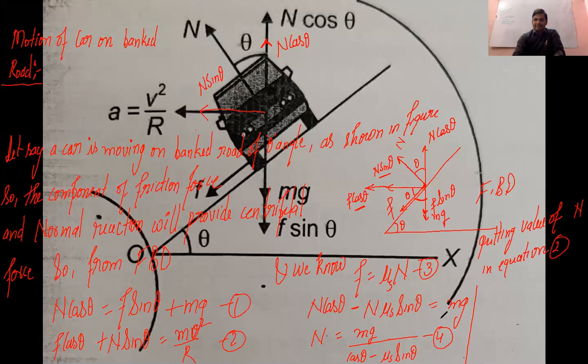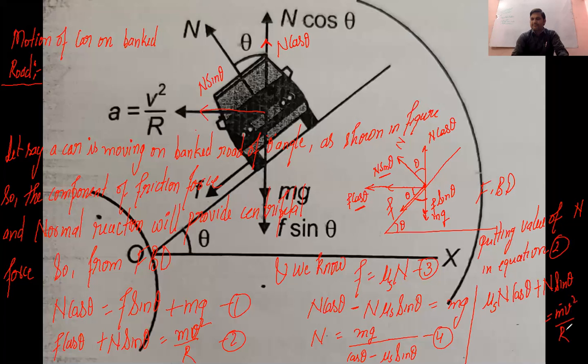You can see here, F is equal to mu s into N sin theta, this is your N cos theta plus N sin theta is equal to mv square by r.